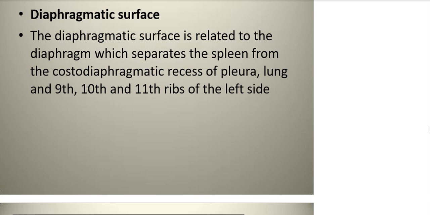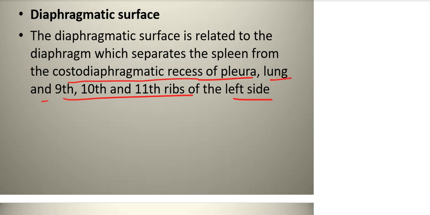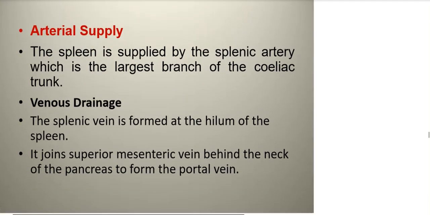Next is diaphragmatic surface. The diaphragmatic surface is related to diaphragm, which separates the spleen from costodiaphragmatic recesses of pleura, lungs, and 9th to 11th ribs of the left side. Next is arterial supply.